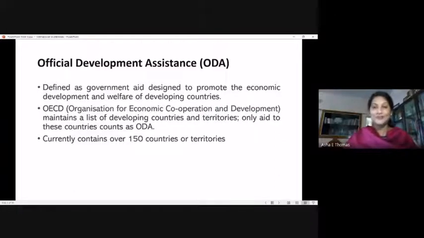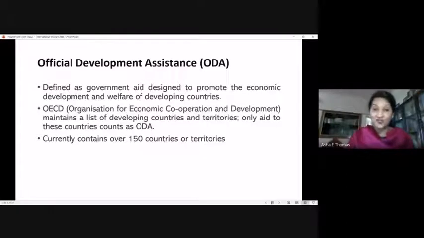Now, we are slowly entering into the different types of international investments and even international financial assistance. The first comes under the category of financial assistance being provided from the international market. This is ODA, Official Development Assistance, which is provided to developing countries for meeting their challenges related to economic development or for the welfare of the people.